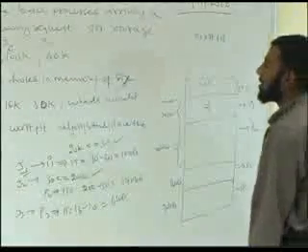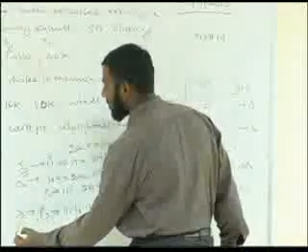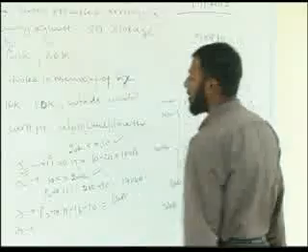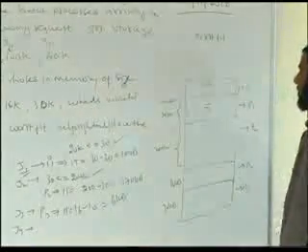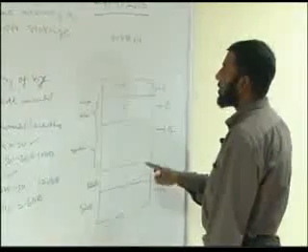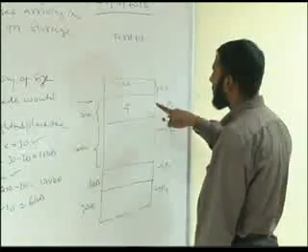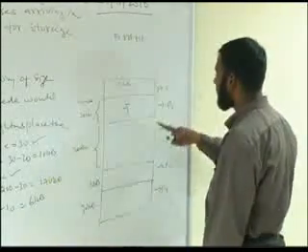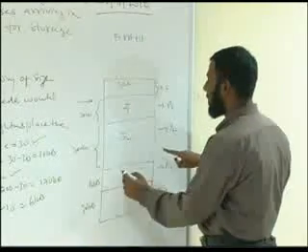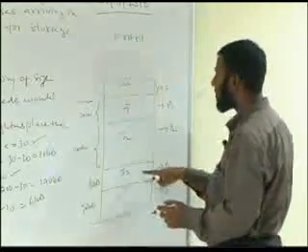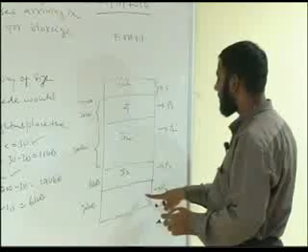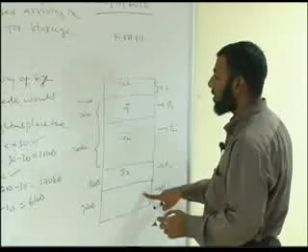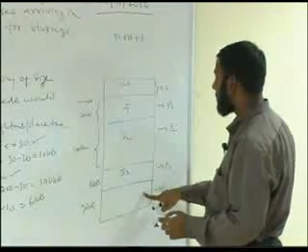The next job, job 4, comes. Again it checks. It checks that partition P1 is filled, P2 is also filled, and partition P3 is also filled with job 3. Now it has a chance to put job J4 in partition P4.